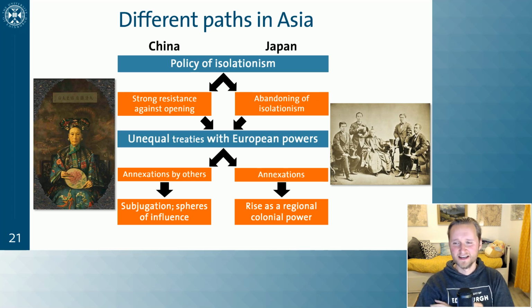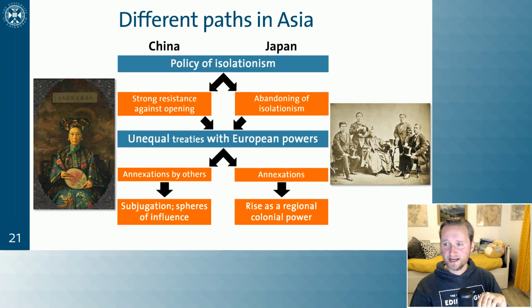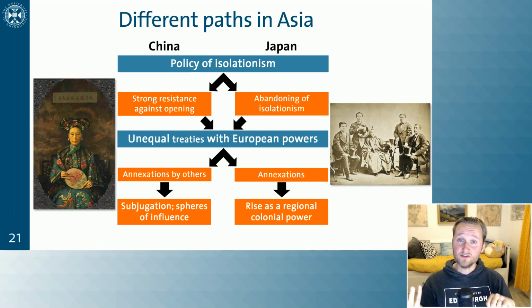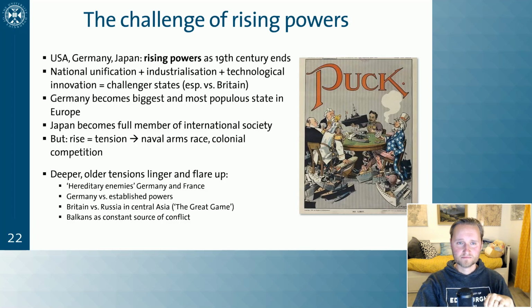But anyway, what we see here is China, of course, was subjugated, very much humiliated, a 1,000-year-old empire that was really very much taken over and subjugated by European powers. And you had Japan on the other side that was rising itself as a new colonial power.